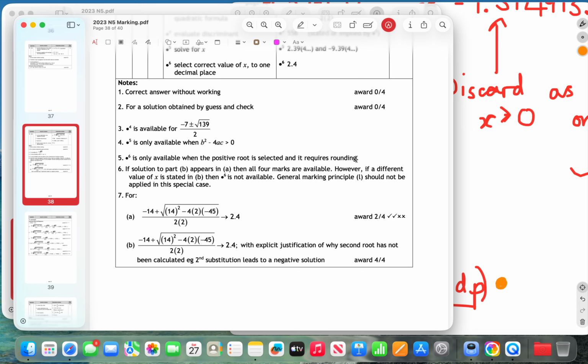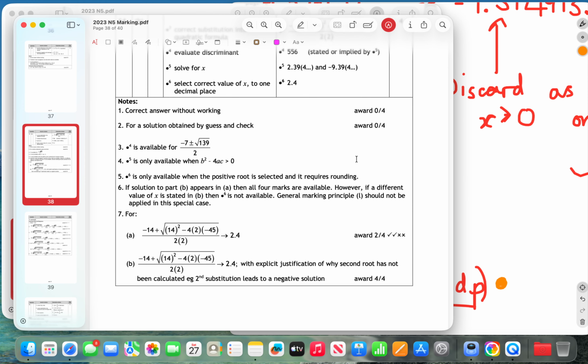It's a bit rubbish, but if you got, for example, 256 as the discriminant, which is 16 squared, you lose the follow through as well, because you've made the question easier for yourself, because it's easier to deal with the number 16 than it is 2.3, 0.94, and so on.